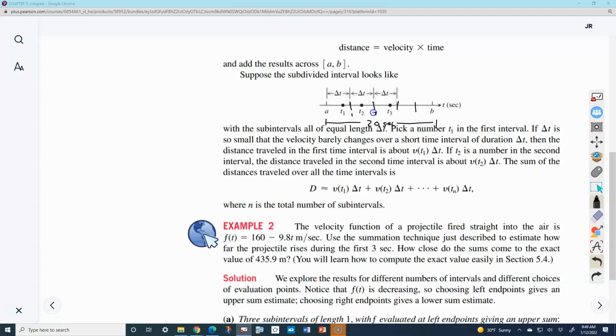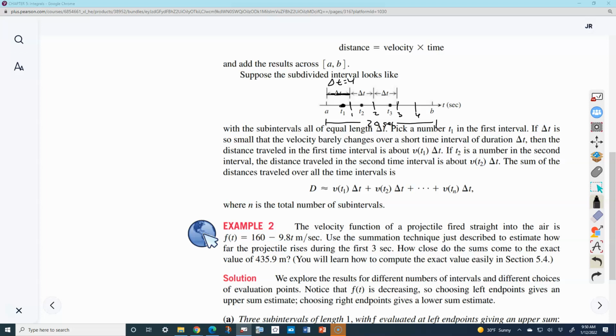So 1, 2, 3, 4. So there's 5 time intervals. Then each of these delta t's would equal 4. And so I would pick T1 somewhere in there. It doesn't matter where. So if this first little delta t is 4 seconds, then T1 could be anywhere between 0 and 4.